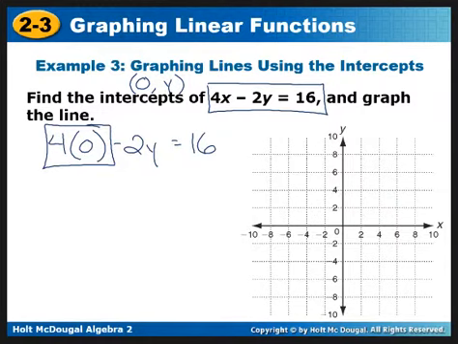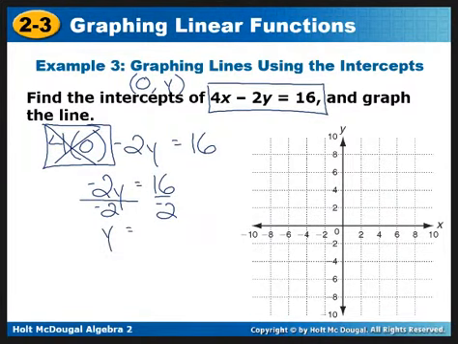So I can completely just drop that out of my equation. So now I'm left with negative 2y equals 16. Again, perform the opposite operation like we talked about in the last lesson. Divide by negative 2. Y is going to equal negative 8. So basically, when I input 0 right here for the x value, I get a y value of negative 8. So what that is telling me is my y-intercept should be 0, negative 8, or basically be in this area down here.